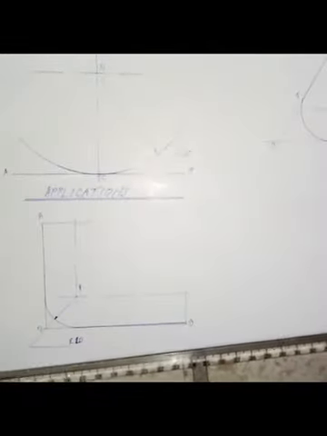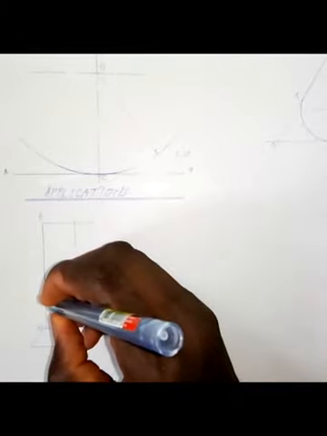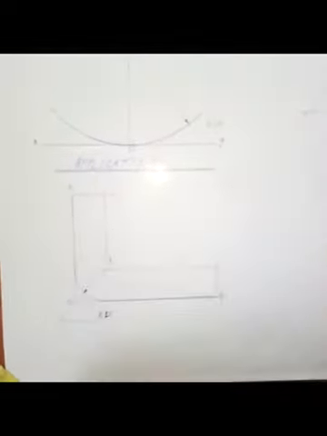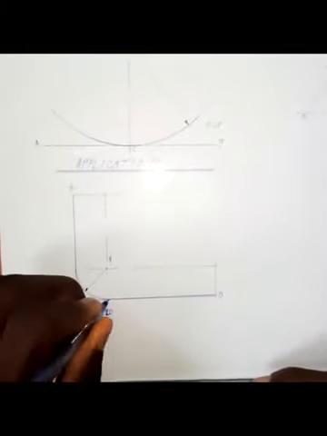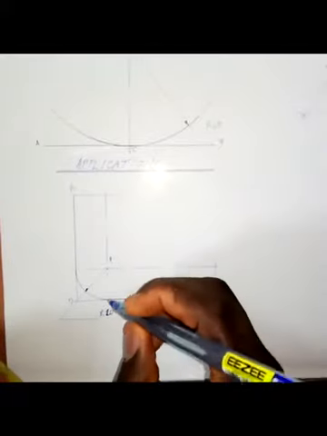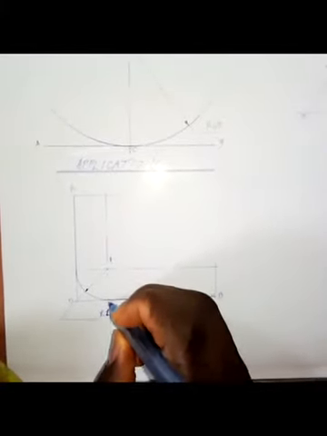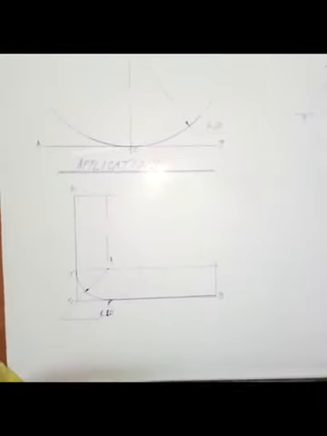The same thing applies to what we have here, this point and this point. Where the arc touches the straight line is known as the point of tangency. We use capital letter T to show the point of tangency.